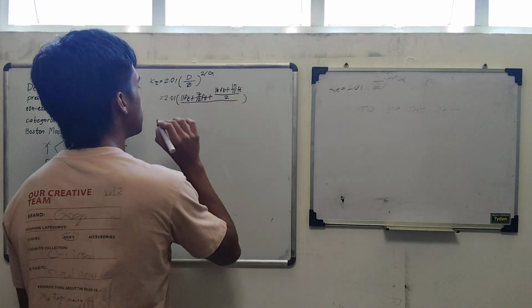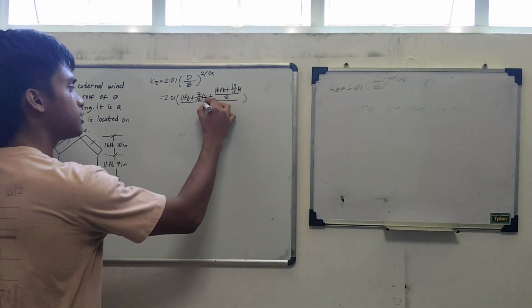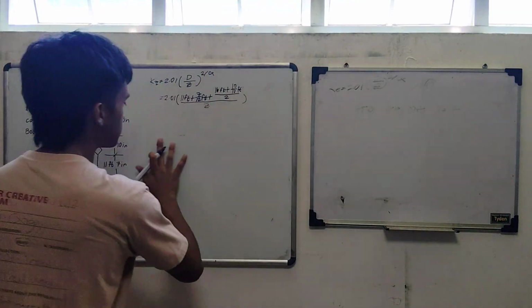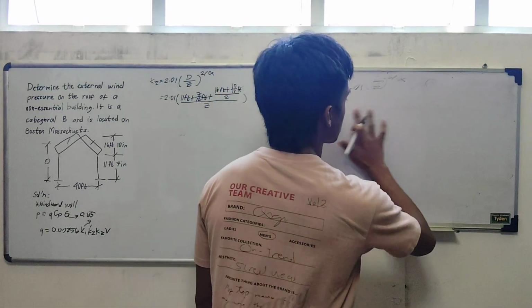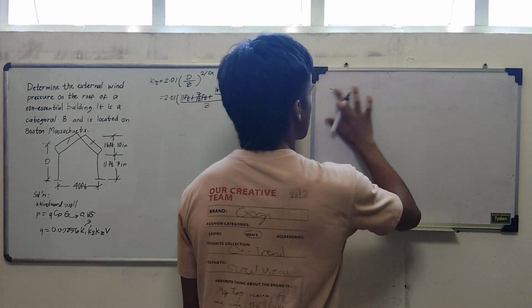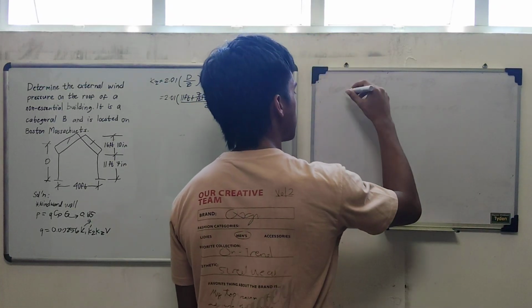We have a Z value that we don't know yet. What is our Z value here? That's the table, and then we try to get it.